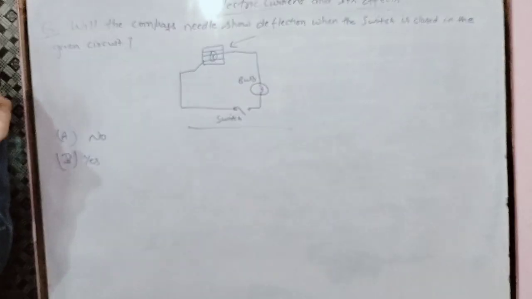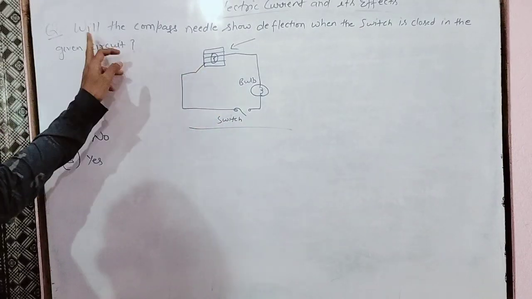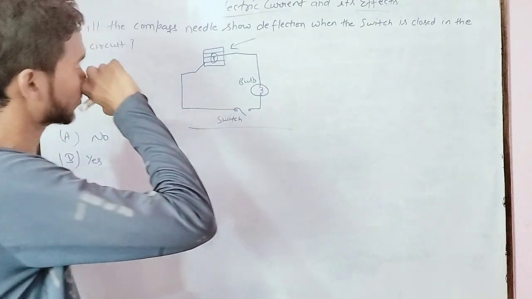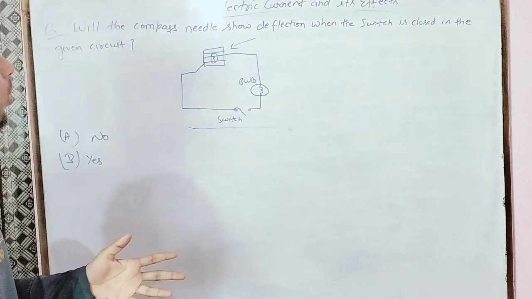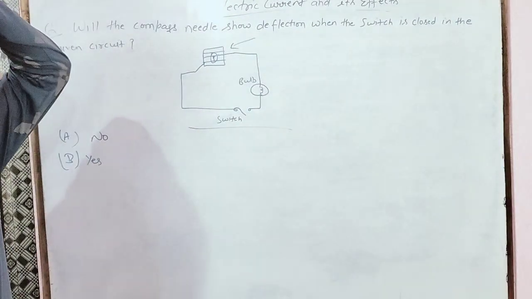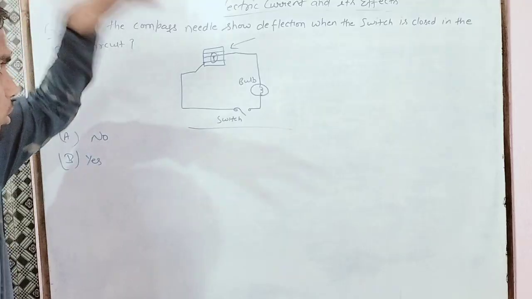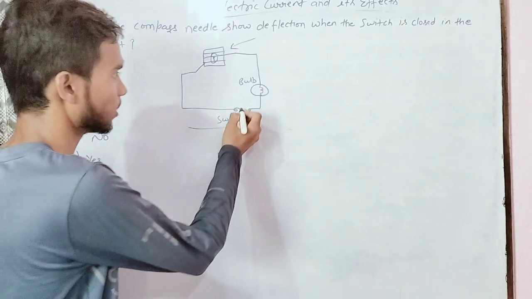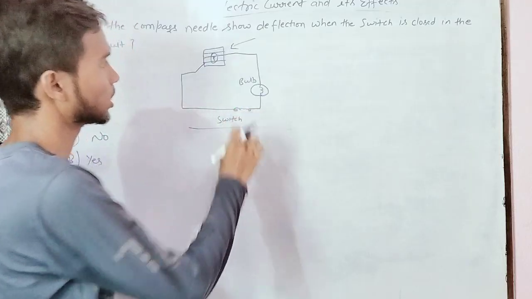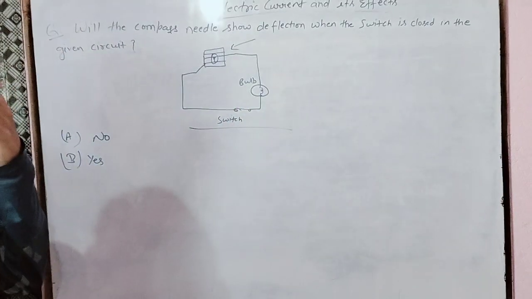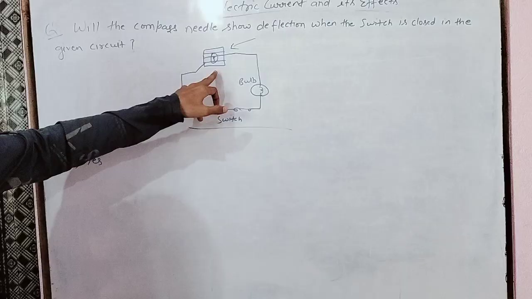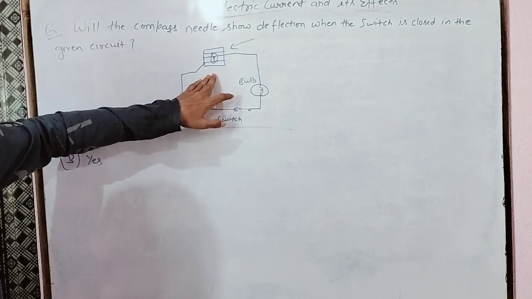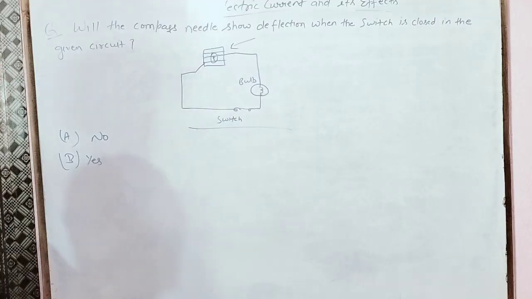Now, will the compass needle show deflection when the switch is closed in the given circuit? When it is closed like that, will this compass needle show deflection?